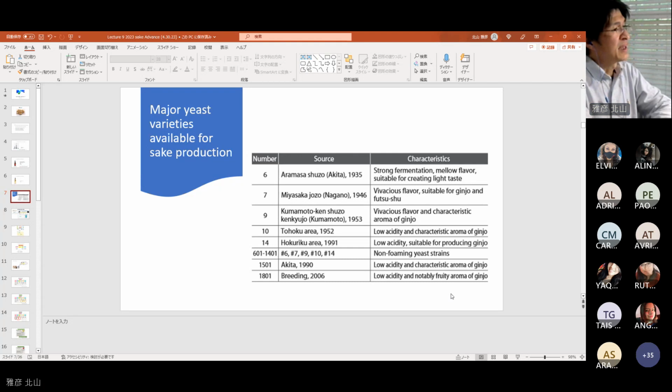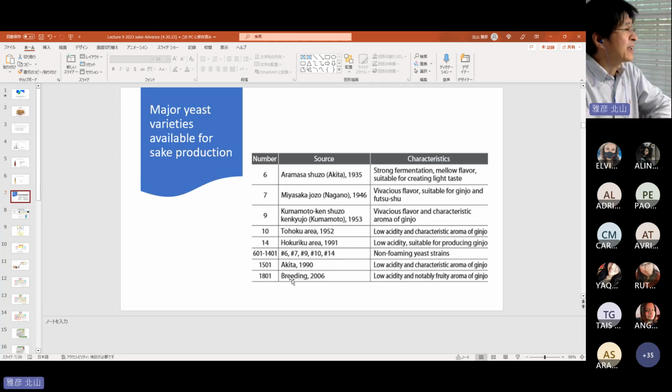Still, we can distribute them to breweries in Japan. They are very strict and try to protect these yeast strains, so they are not allowed to ship overseas.